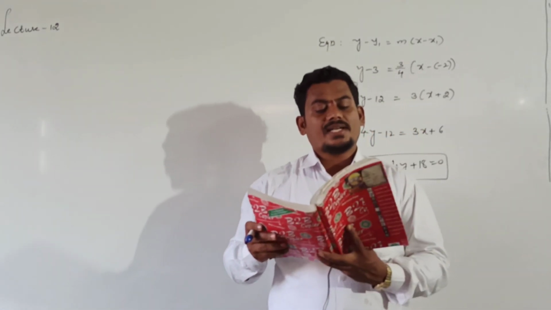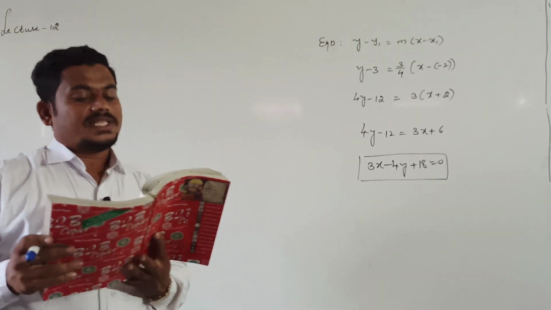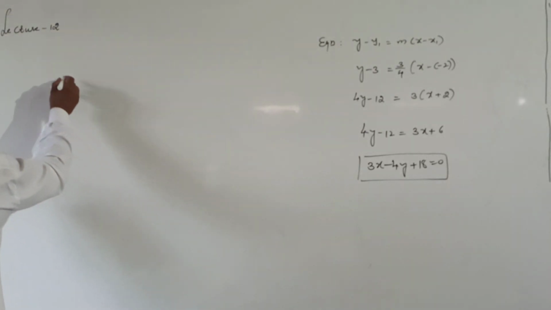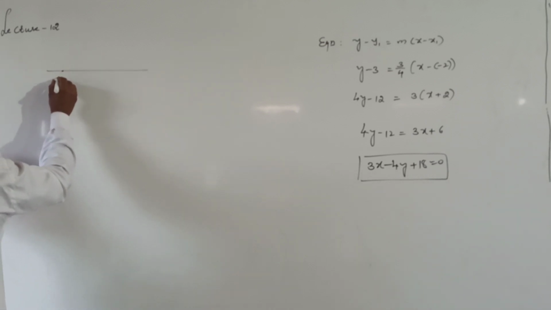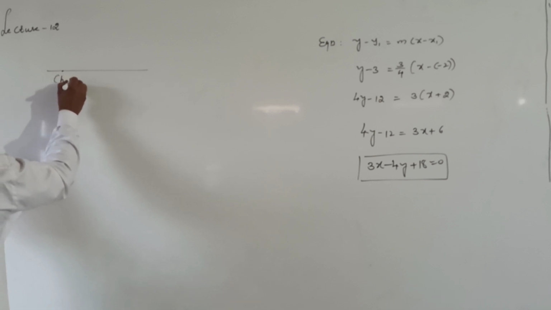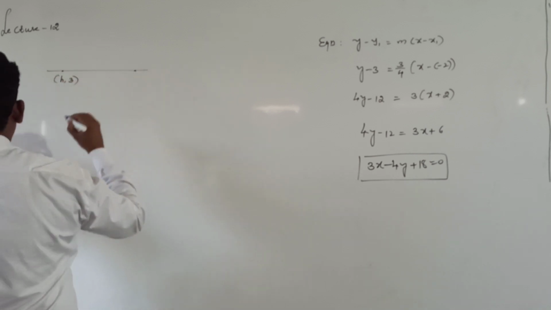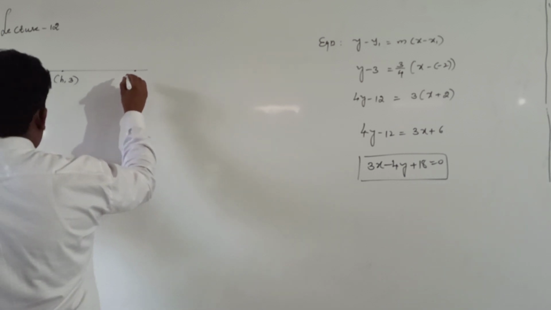In exercise 10.3, question number 10. A line through 2 points they have given: h comma 3 and one more point 4 comma 1.